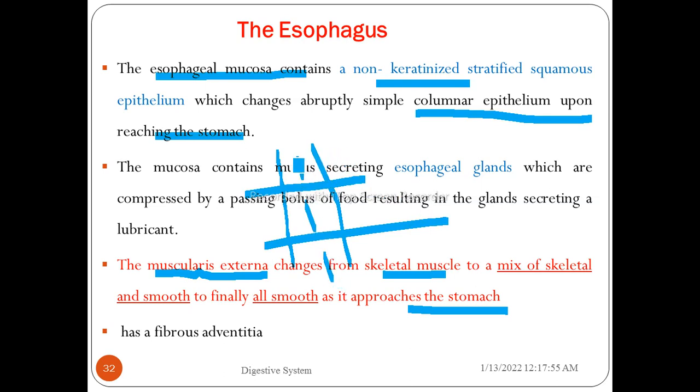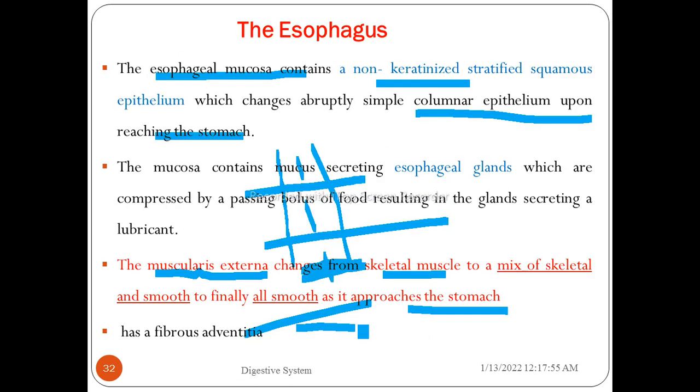The upper 1/3 of the esophagus is skeletal muscle, whereas the middle one is skeletal and smooth muscle, and finally the lower 1/3 is only smooth muscle. So when we go down, it changes into smooth muscle. Smooth muscle is involuntary because it is innervated by the autonomic nervous system.